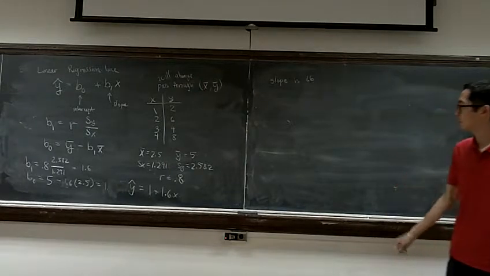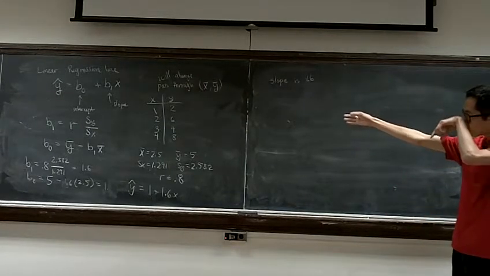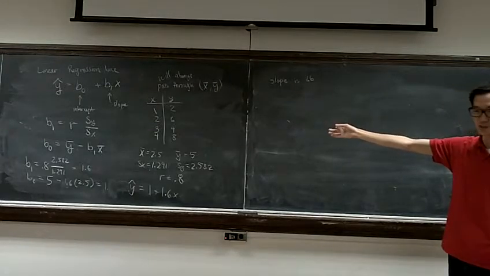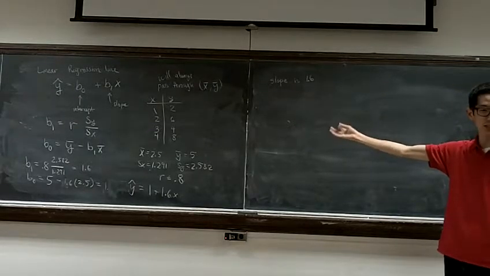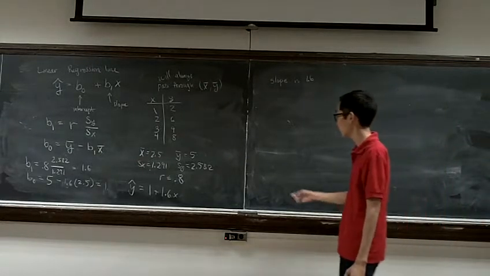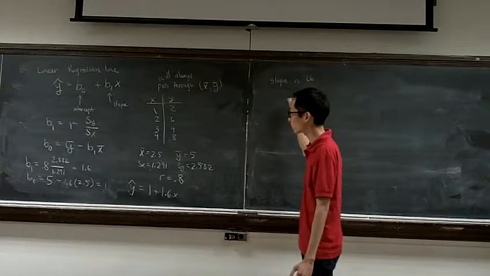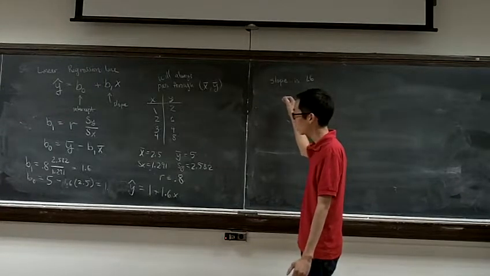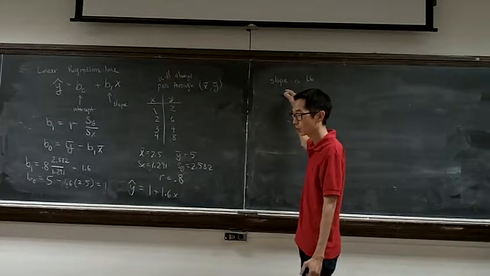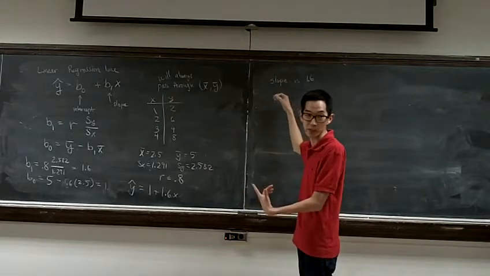In this context, we have no meaning. X and y are just dummy variables. I didn't actually associate them with any actual thing. But the definition of the slope is how much we expect y to change when x changes by 1.